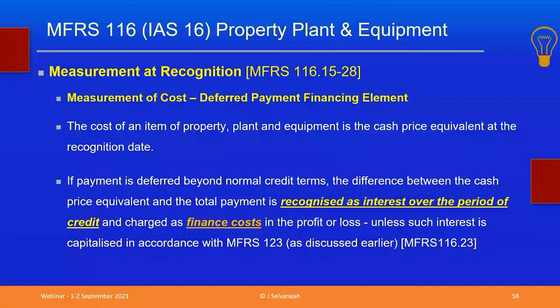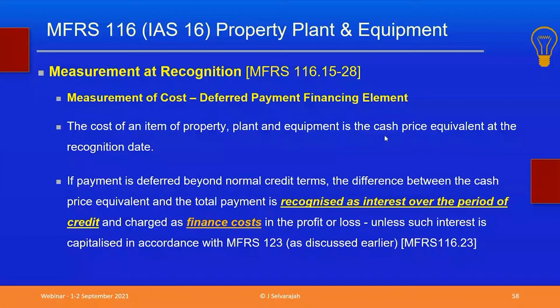Even though it is not charged as an interest, you must discount it. And after discounting it, you must unwind the interest in the later period of time. Now, the question is, are those discounting and interest going to be part of the cost of the machine? So let's dig into it and I will explain as I go along.